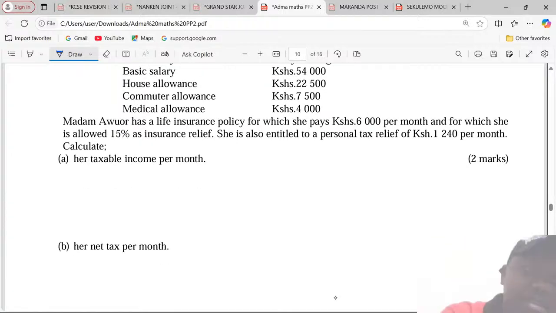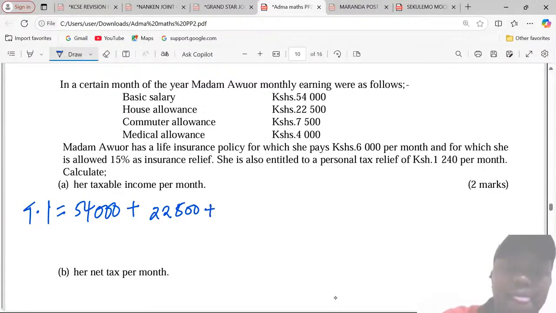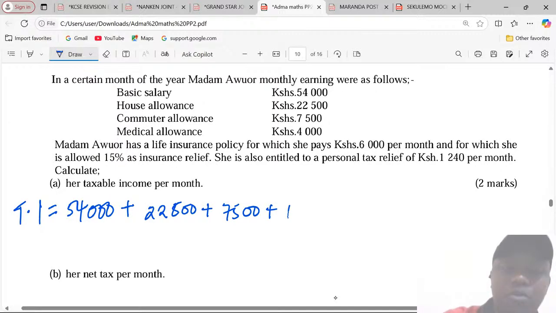Taxable income per month, as we communicated earlier, will be given by basic salary plus all allowances. A basic salary of 54,000 plus allowances 22,500 plus 7,500 plus 4,000.